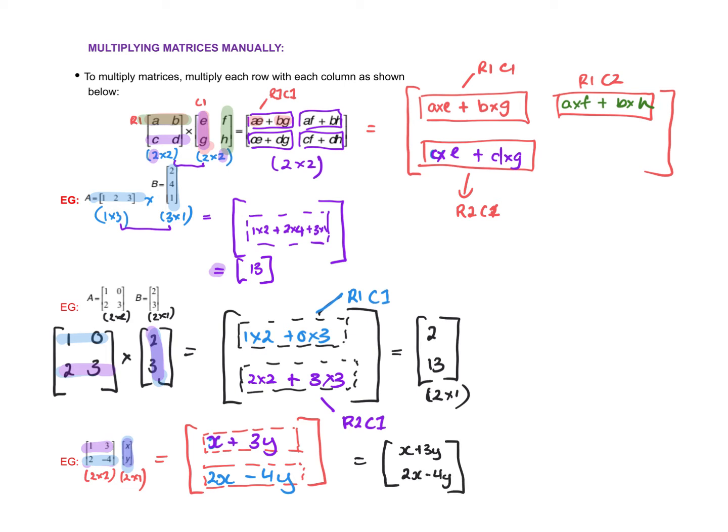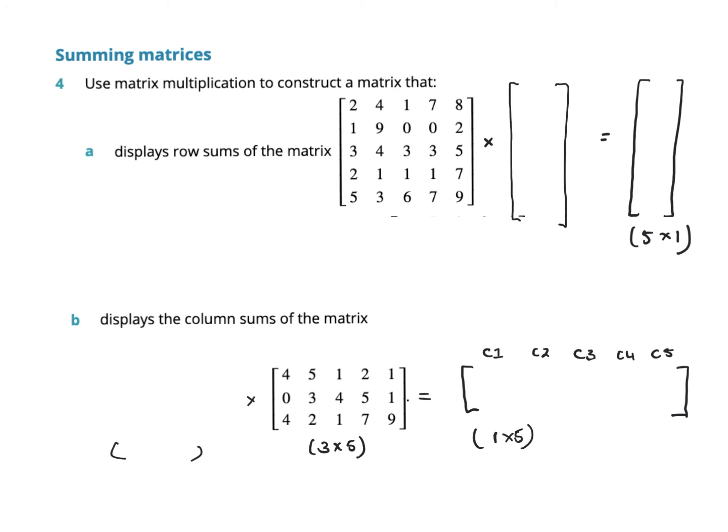Okay? All right, so we've been looking at manual multiplication, and we saw that really the row gets multiplied with the column of the second matrix. So there are matrices that we call a summing matrix.